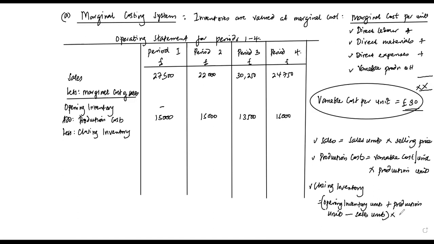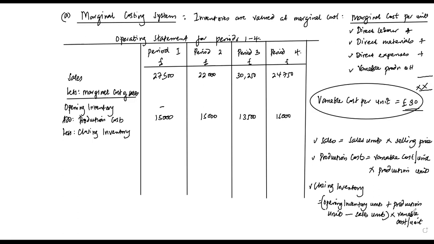Then what you get, you multiply by the variable cost per unit, because under this marginal costing system, we value our inventories at their marginal cost per unit or at the variable cost per unit, which is 30.